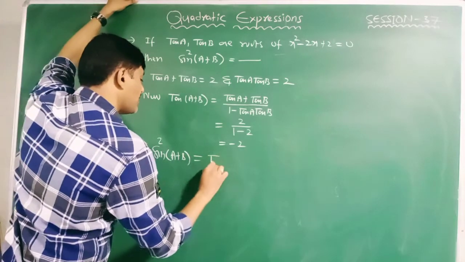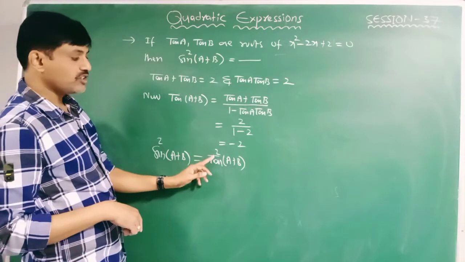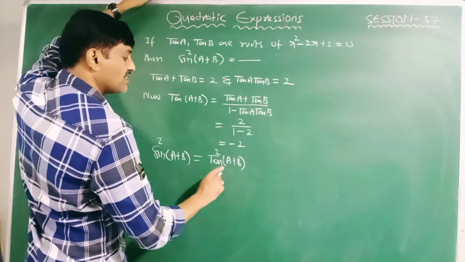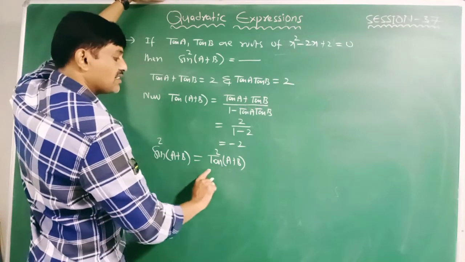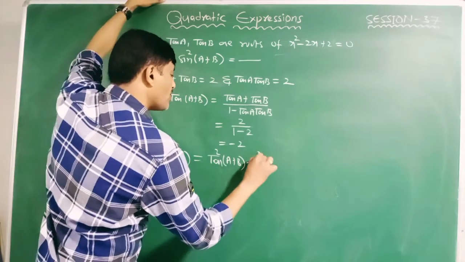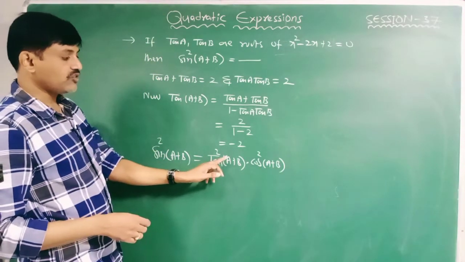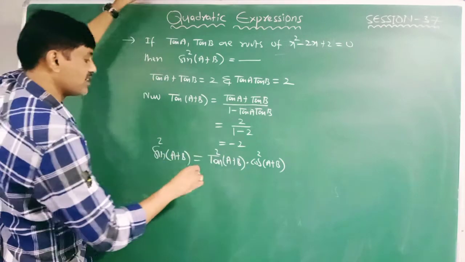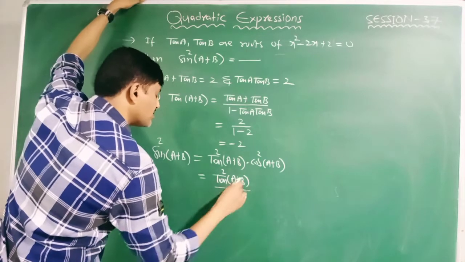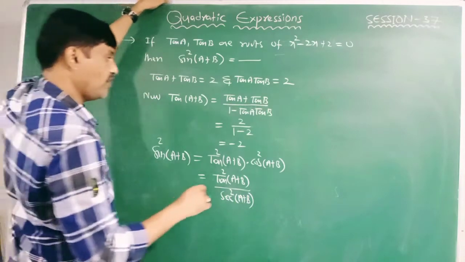Tan square of A plus B is sine square of A plus B by cos square of A plus B. Since we have cos square of A plus B in the denominator, we have to cancel it, so we multiply by cos square of A plus B. Definitely you get sine square of A plus B. Sine square by cos square, this cos square cancels. Therefore tan square of A plus B times cos square, we can write as secant square of A plus B.